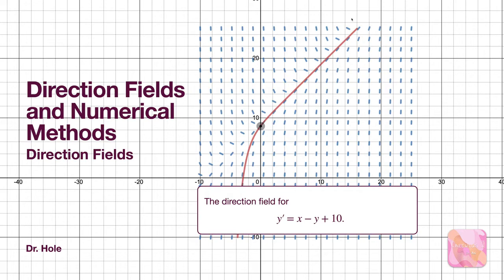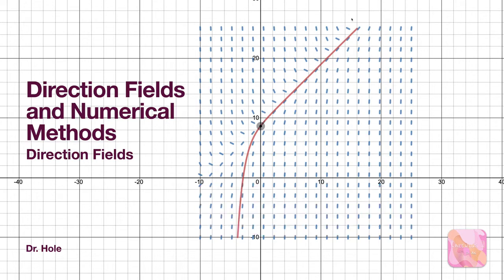And as we approach that line, we would want to stay on that line. All right, let's look at various other y's and corresponding integral curves. Nice.